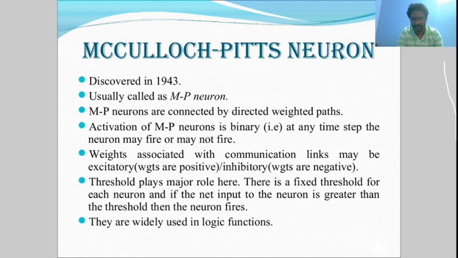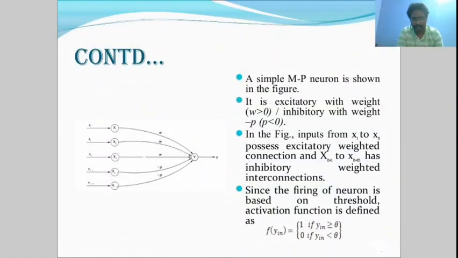And then they are widely used in logic functions. The network of MP neurons is shown in the figure here. The inputs are passed, starting from x1, x2, x3 up to xn, and from all those inputs the values are fed to the neuron.